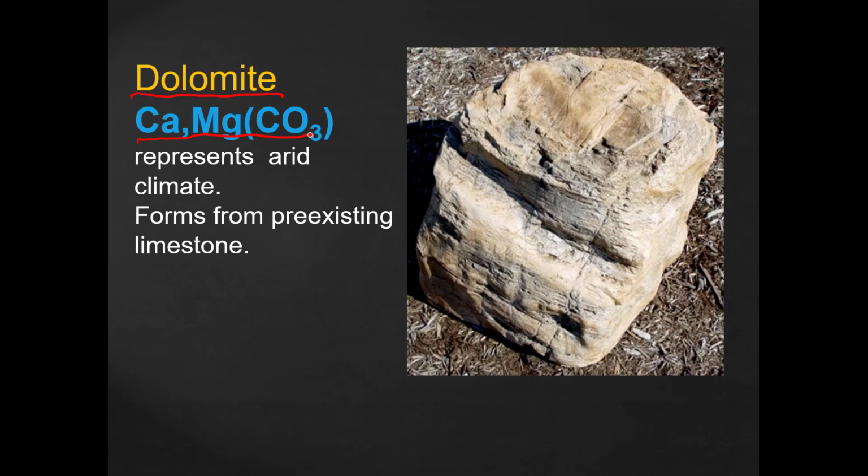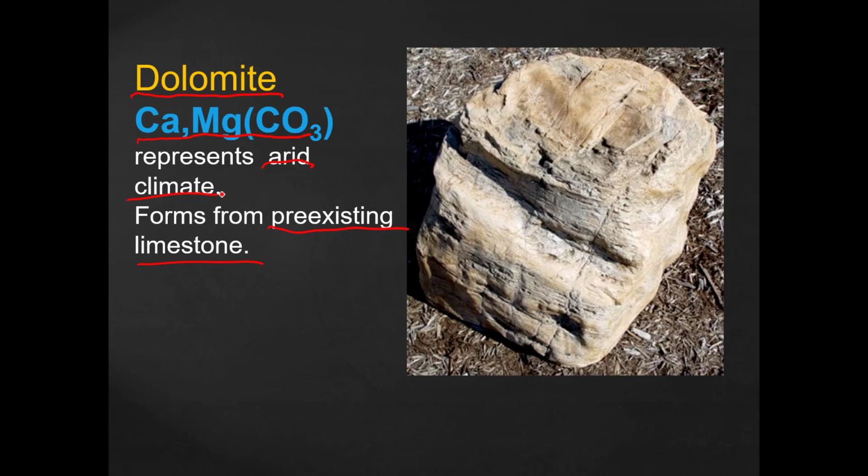Okay, so when you have dolomite in the shallow marine environment, because that's where it forms, it forms from pre-existing limestone. Therefore, it has to be forming exactly where the limestone is forming, which means in the tropical zone, usually shallow marine or deeper marine, it could be. And it definitely represents arid climate.